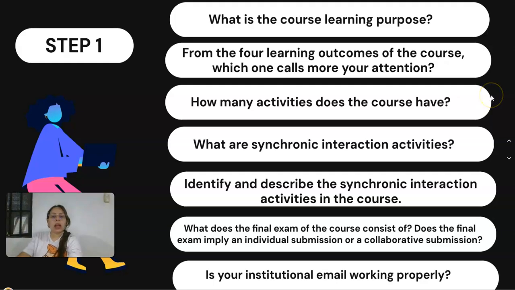Okay, the second question is, from the four learning outcomes of the course, which one calls more your attention? Okay, I choose learning outcome 1 because it is to demonstrate oral and reading skills to express oneself fluently in different things.